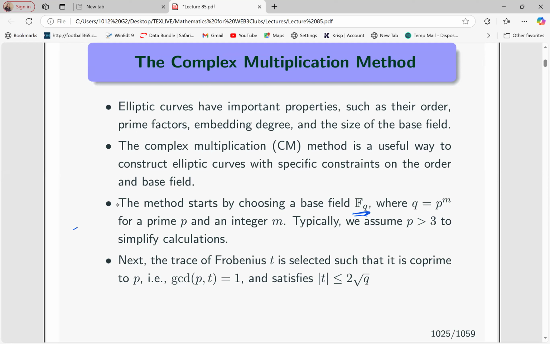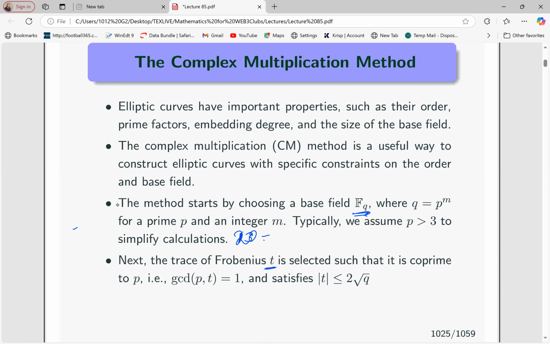And one thing you must remember is that you may choose the trace, not necessarily calculate it. Because for you to calculate, how are you calculating the trace? The trace we calculate by the number of points.